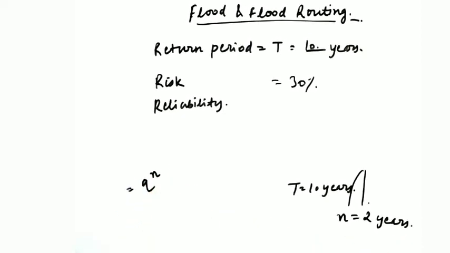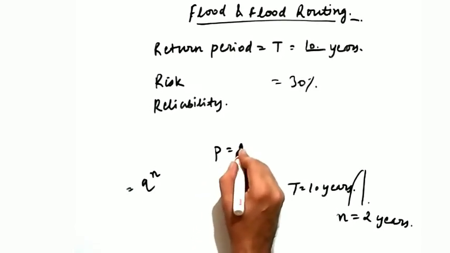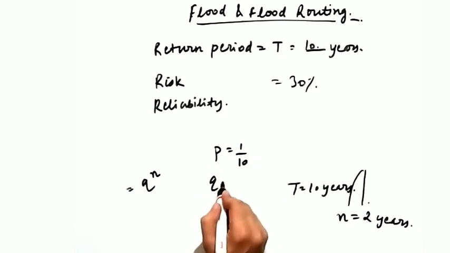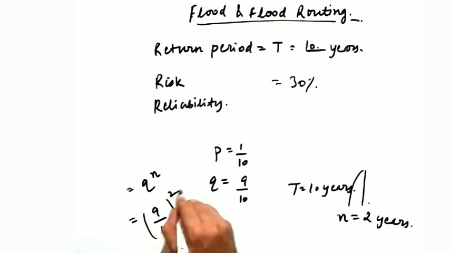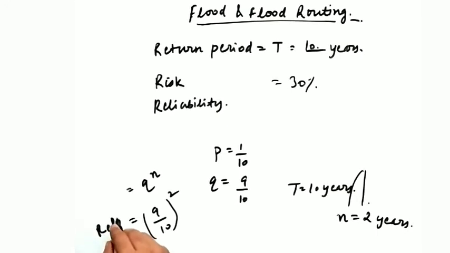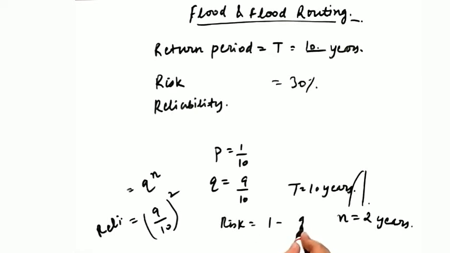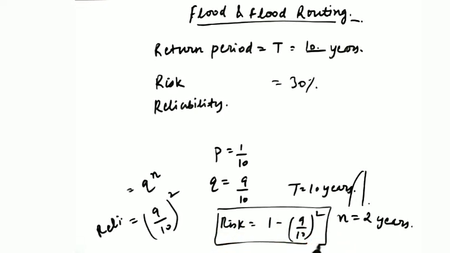Reliability is Q to the power n. First you calculate P as 1 by 10, then Q as 9 by 10, so Q to the power n is (9 by 10) to the power 2. This is reliability. Now if I ask you what is the risk, risk will be calculated as 1 minus (9 by 10) squared. So this is how you will calculate the risk associated with the structure.